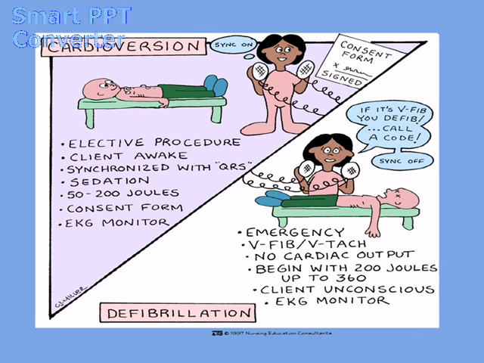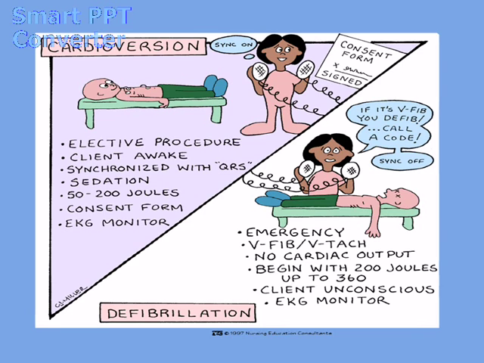After their cardioversion or their defibrillation, either or, we're going to check their vital signs, assess the airway, get a post-EKG, provide the patient and the family with emotional support, reassurance, document the rhythm that they're in. Ideally, if we're cardioverting them out of atrial fibrillation, we're hoping we have a sinus rhythm on the end.